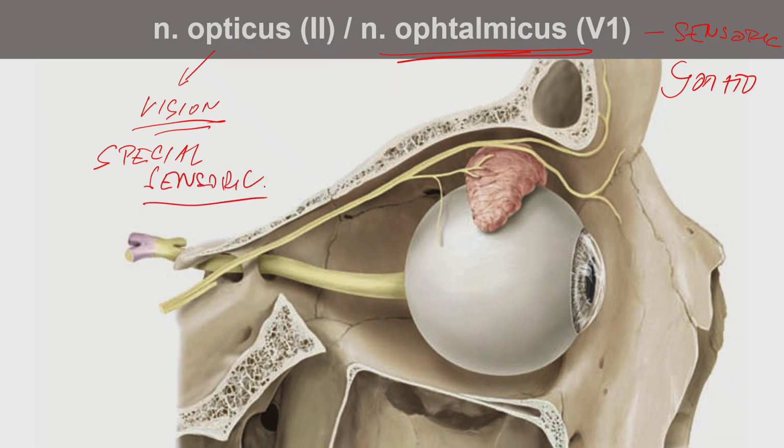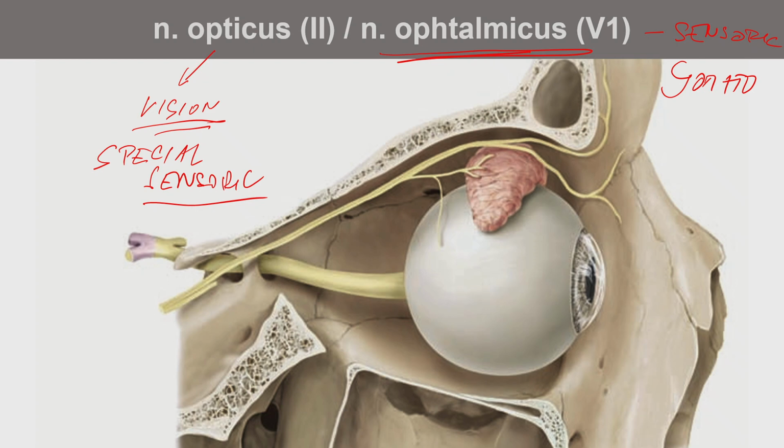It's in English a little bit confusing. In Czech we have senzitivní and senzorický. Probably also in German it's sensitive and sensoric. But in English it is the same. So then we have to say special sensoric. Special sensoric are olfaction, vision, balance, and hearing and taste.